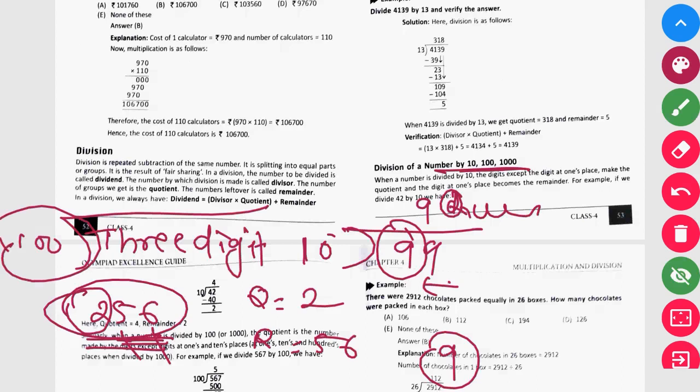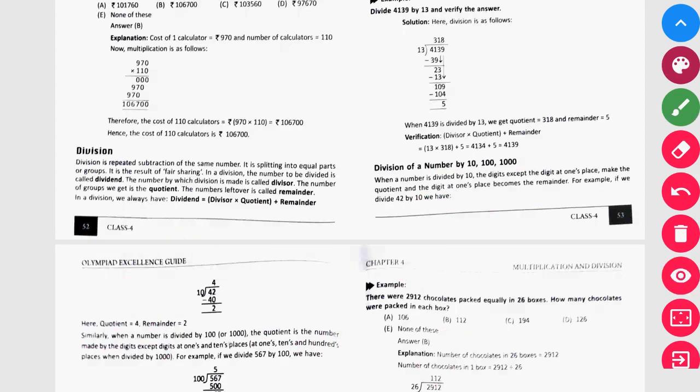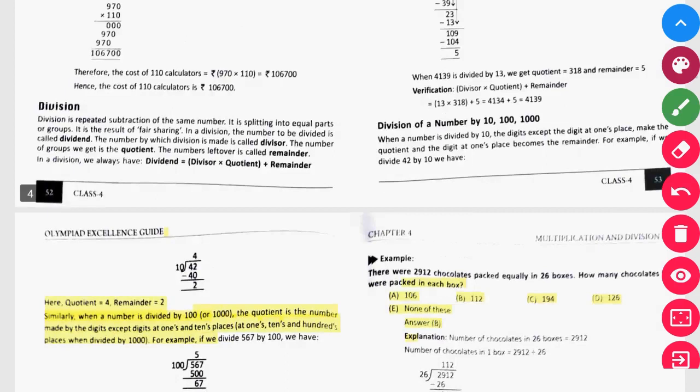So however many zeros there are, that many digits from the right are the remainder, and the number at the hundreds place is your answer, that is your quotient. Okay, we'll solve the problems and see how it works.